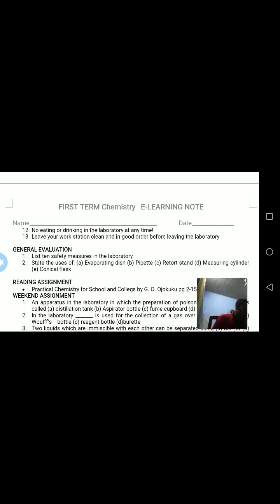If you leave them on the table and the table falls, it may break some lab apparatus. So return everything to where you kept them and ensure your lab is well cleaned and placed in order before you leave. Do you understand me? So these are the basic laboratory rules and regulations.